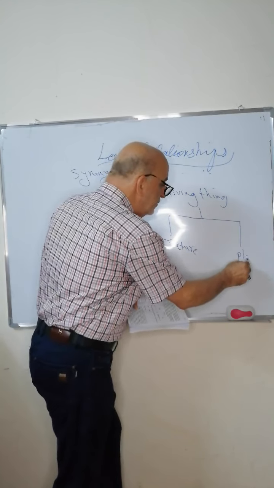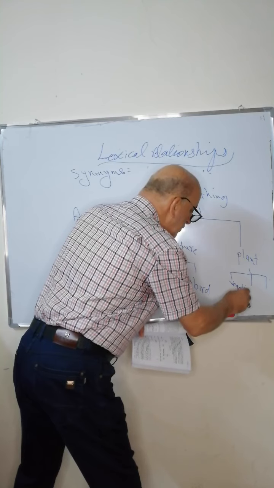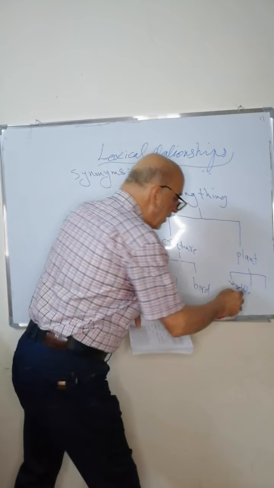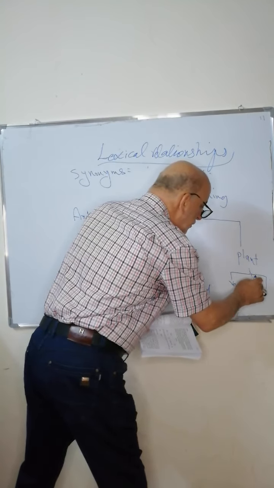Here under creature we can put, as he says, animal and bird. What about a plant? We say vegetables, and what else? A flower, and what else? Tree.